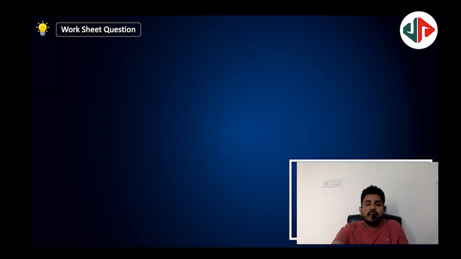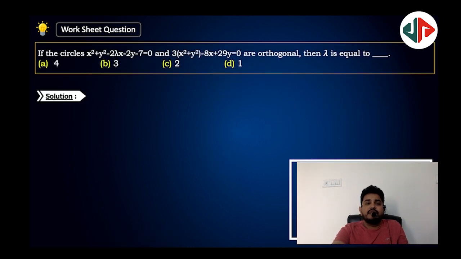Next question is, if circles are orthogonal, so what is the circle orthogonal? Simple. 2gg dash plus 2ff dash is equal to c plus c dash.